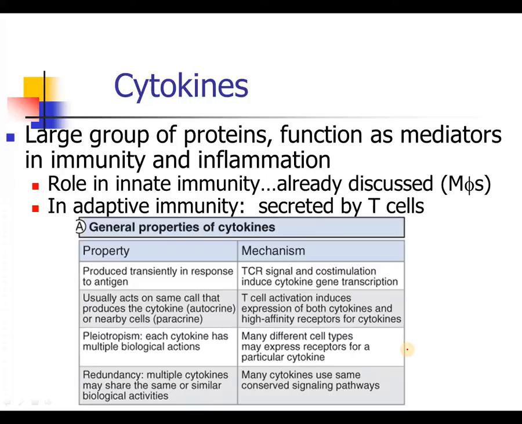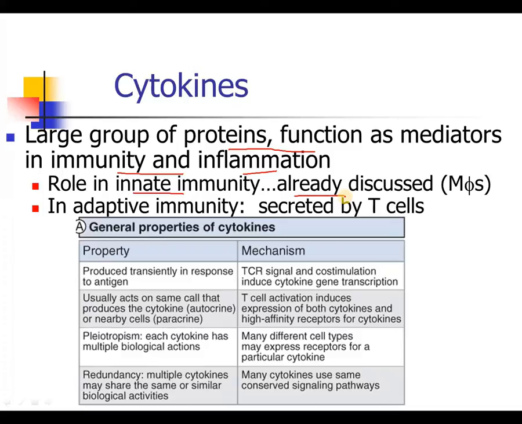So just as a reminder, cytokines are a large group of proteins. They function as mediators of immunity and in inflammation, which you heard about before. You also heard about their role in innate immunity. That was already discussed, particularly with regard to macrophages. They were mentioned with regard to some other cells too, like NK cells.